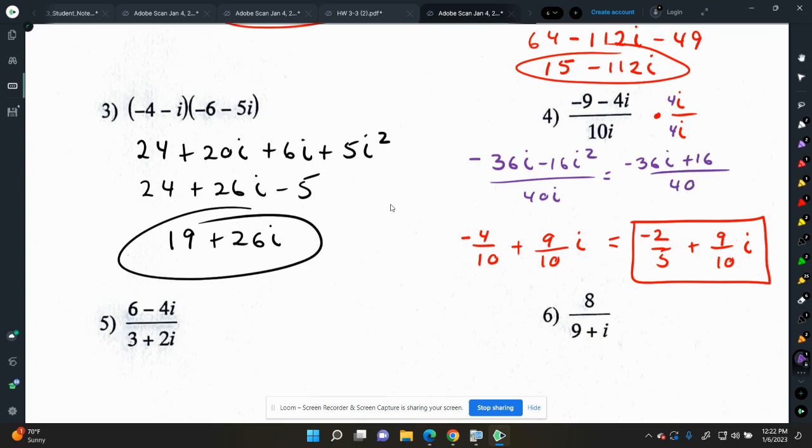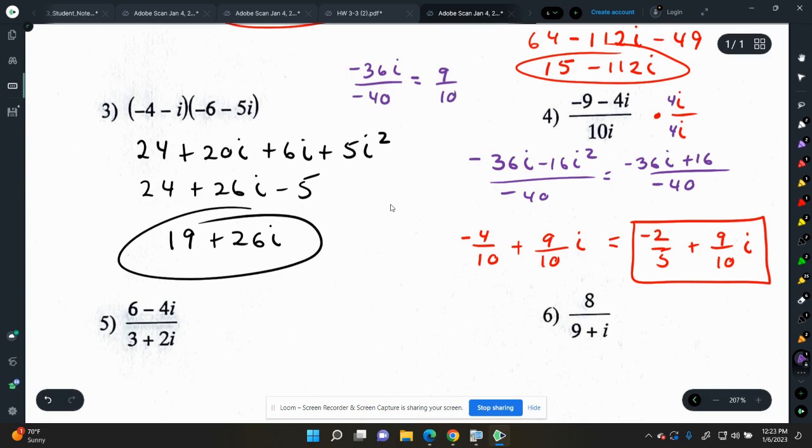So it's just 40, yikes. It should be negative 40, and there's no i, right? So when we do that, we end up with negative 36i over negative 40, which reduces to 9 over 10i. And we end up with 16 over negative 40, which reduces to negative 8 over 5. So negative 2 over 5.